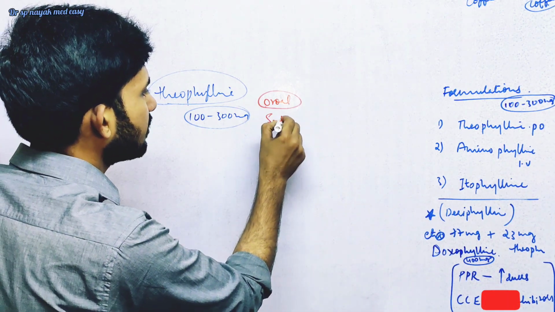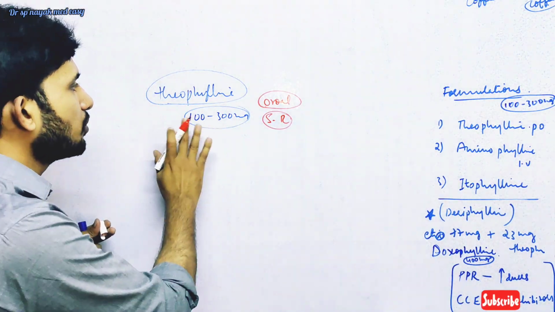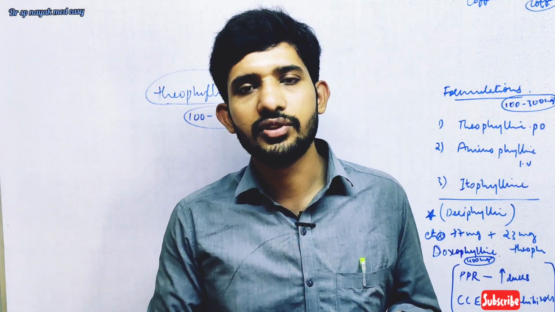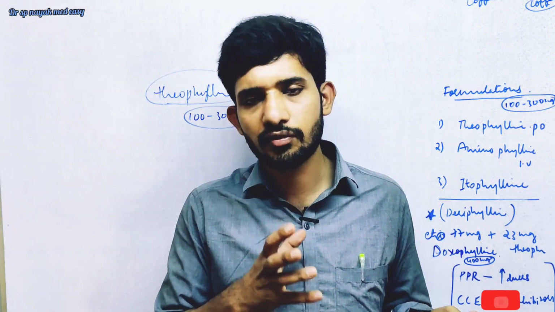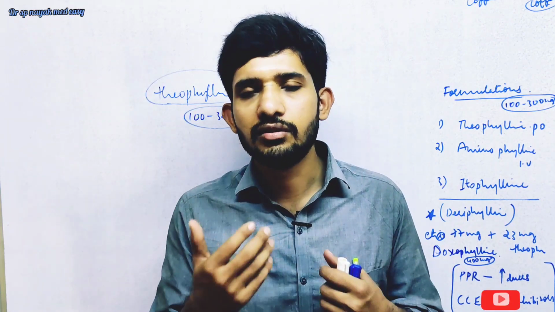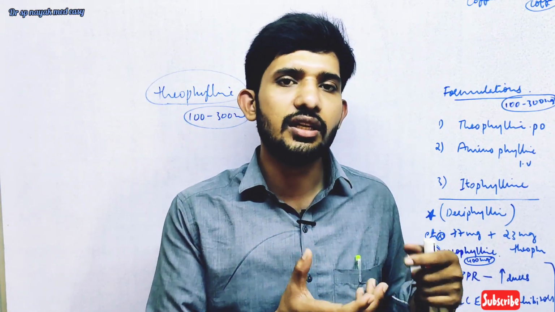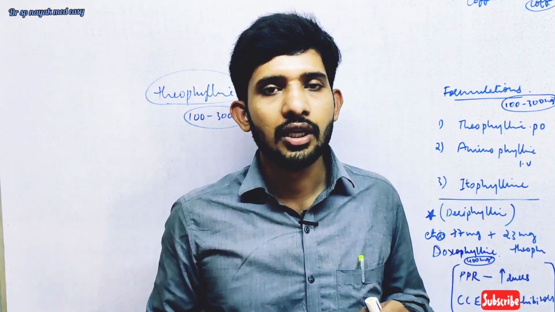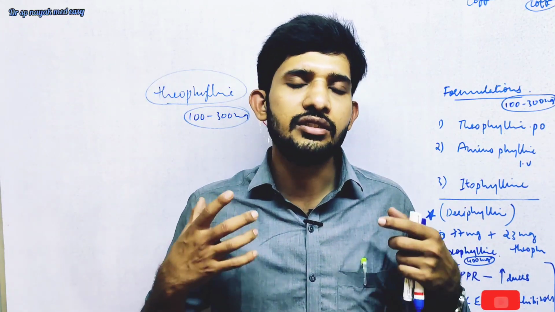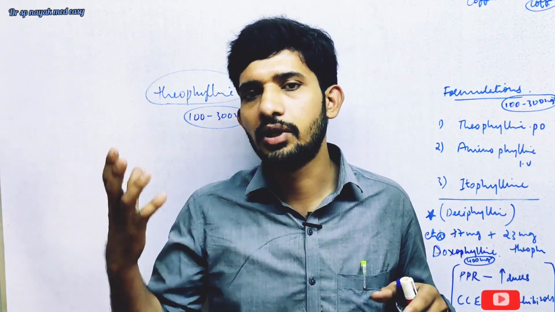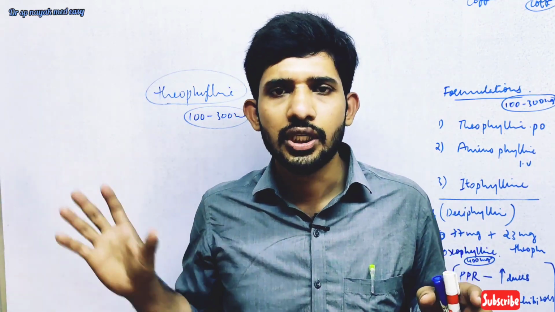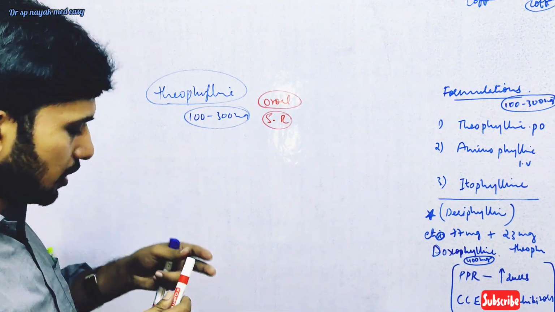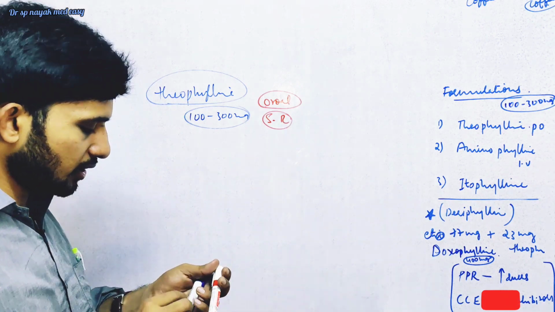Most of these methylxanthines are absorbed from the GI tract, especially theophylline, and most of the methylxanthines are metabolized in the liver, and after metabolism they are excreted through urine. After absorption, theophylline is distributed in almost all the tissues. It crosses the blood-brain barrier and is distributed very well. Okay, so that is about the kinetics of theophylline and related compounds.